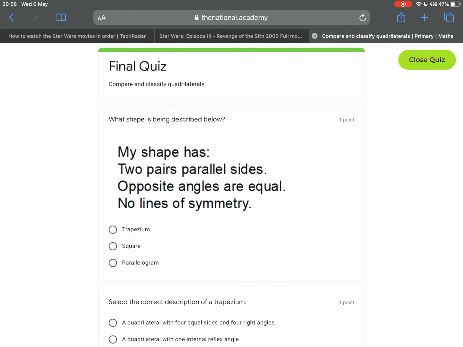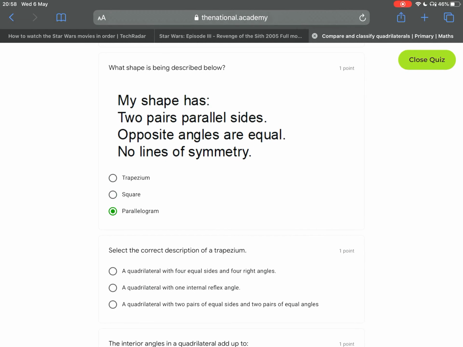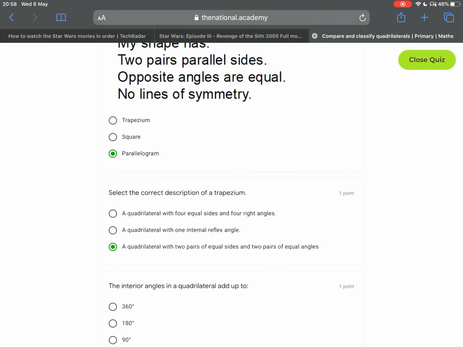So, what shape is being described below? My shape has two parallel sides, opposite angles are equal, and no lines of symmetry. That would be a parallelogram. Select the correct description of a trapezium. A trapezium is a quadrilateral with two pairs of equal sides and two pairs of equal angles.